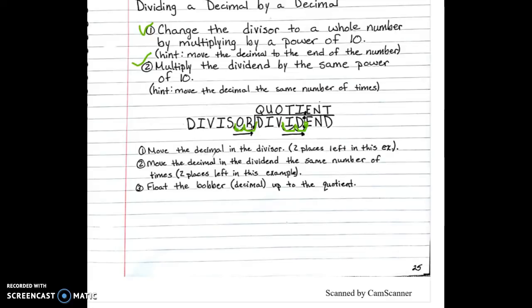All right, and then we divide, and when you're done, you float your bobber up into the quotient. All right, so step 1, move the decimal in the divisor. Step 2, move the decimal in the dividend the same number of times as in the divisor. And step 3, float your bobber up.